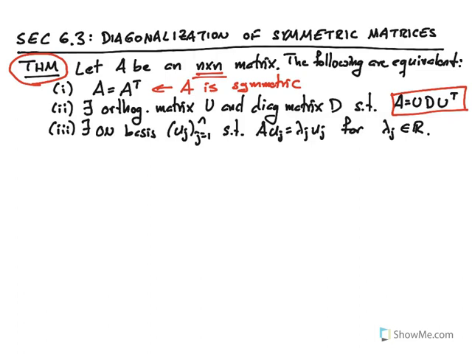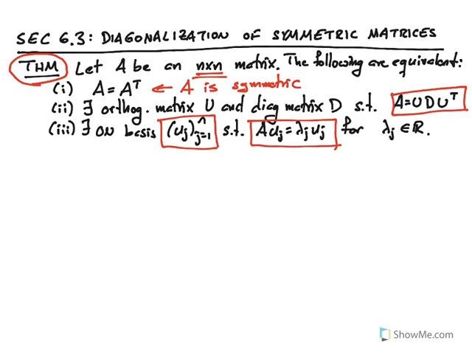Another way of expressing this is where I started, saying that there's an orthonormal basis of eigenvectors. So these are the u_j, and each one of the basis vectors is an eigenvector. And notice that this is far stronger than the statements we could make about a general matrix, where in general you don't even know that there exist any real eigenvalues.